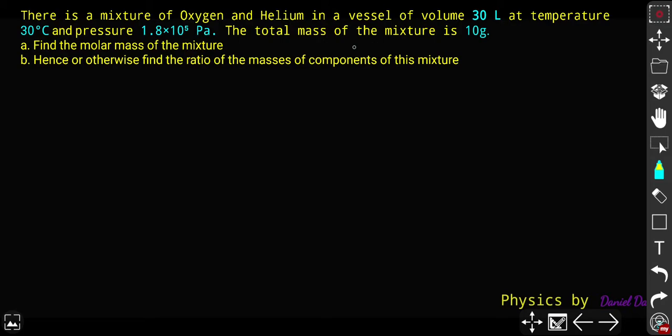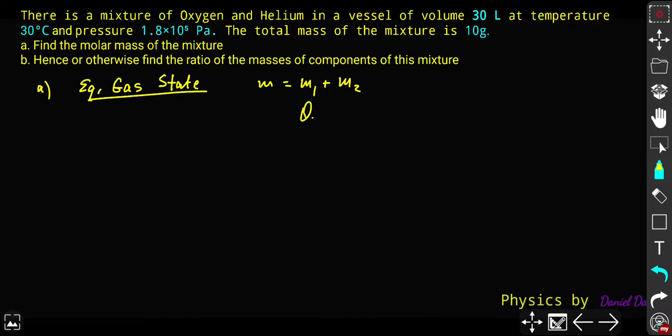Alright, so because we need to find the molar mass of a mixture, we can go straight to the equation for the gas state. Just put in the total mass, which in our case represents the mass of the oxygen and helium, so it's going to be M1 and M2 together.